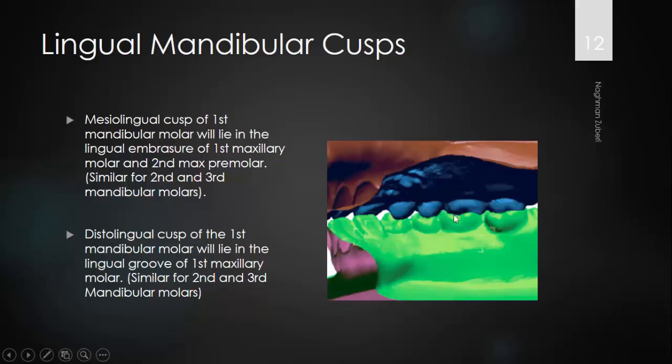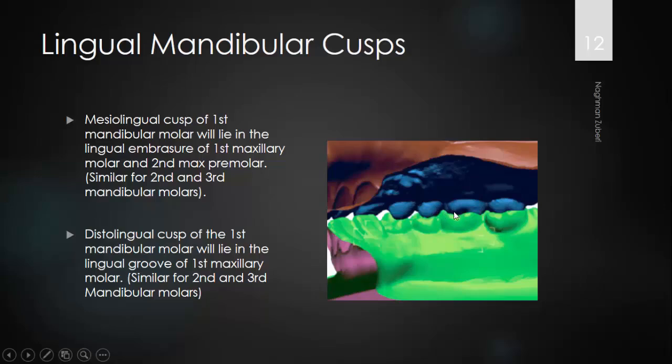Mesiolingual cusp of the first mandibular molar will lie in the lingual embrasure of the first maxillary molar and second maxillary premolar. This is the second premolar, and this is the first permanent molar, and this is the lingual embrasure. This is the mesiolingual cusp of the first permanent molar, so between these two teeth an embrasure is formed and it is lying over there.